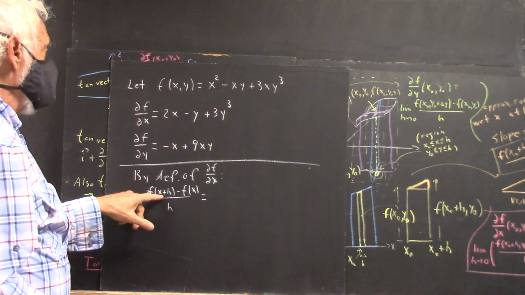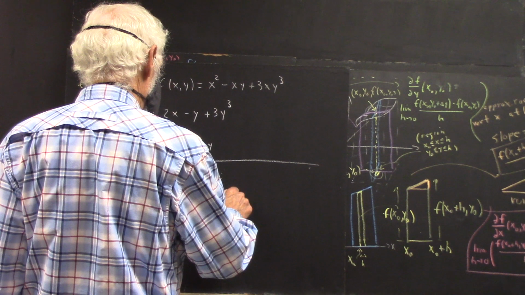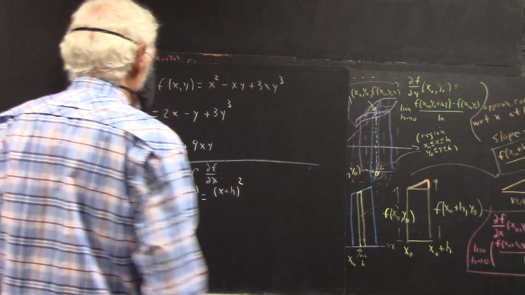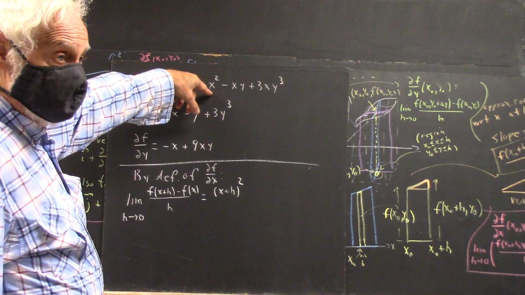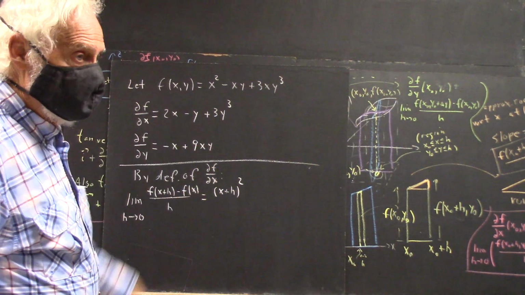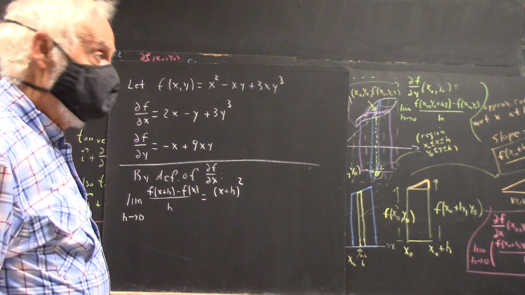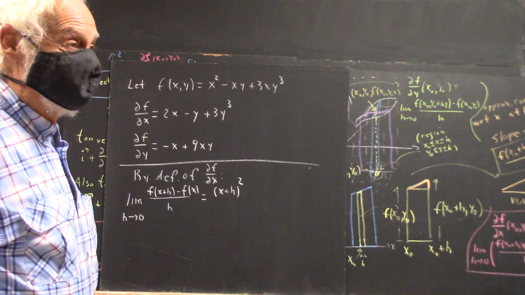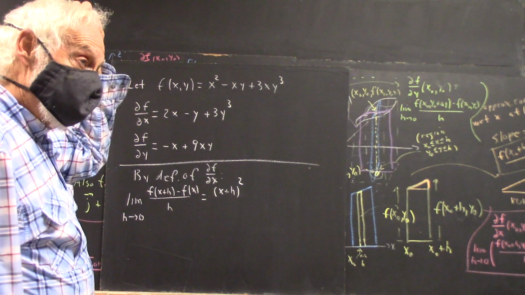Okay, what's f of x plus h? You plug x plus h in for x, you get x plus h quantity squared. I suspect at least some people did x squared plus h instead of squaring x plus h. And function notation does not work that way. So you've got to understand the function notation.